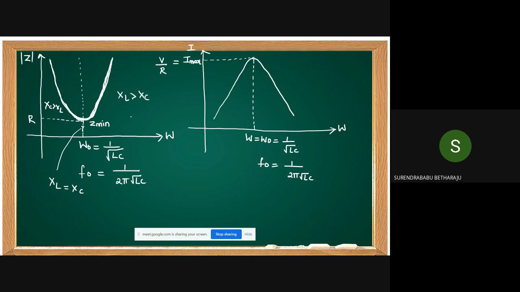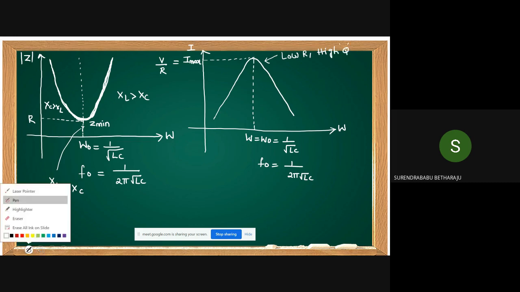But a point to remember, friends, is the width of this curve. Generally here we can define the bandwidth; later on I will explain that. This also mainly depends on what type of coil we are using. This observation is important. This type of curve you can get for low resistance, high quality factor.